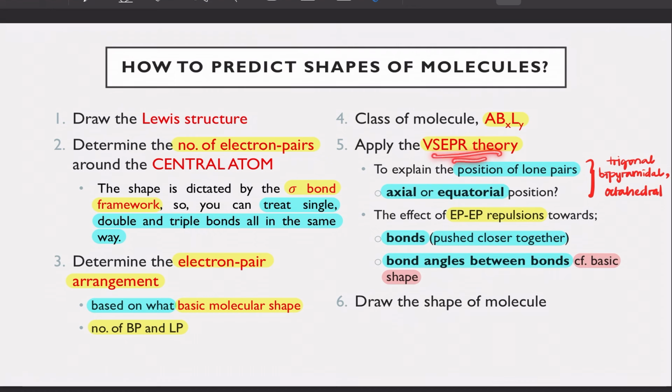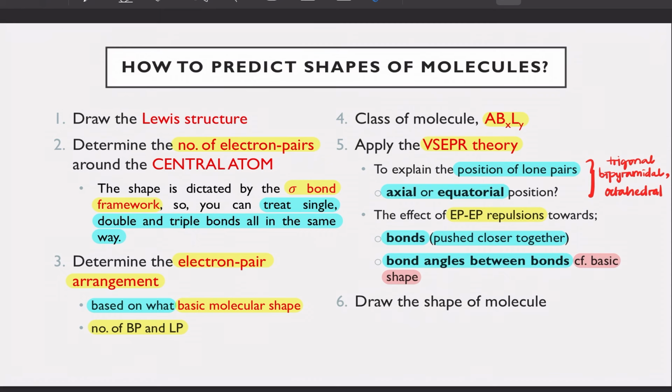Okay, under VSEPR theory, okay, more importantly, you will explain the effect of electron pair repulsions, okay, towards your bonds, whether kalau ada lone pair, lone pair lone pair repulsion, lone pair bonding pair repulsion, bonding pair bonding pair repulsion, okay, you have to compare the strength of repulsion between those electron pairs.